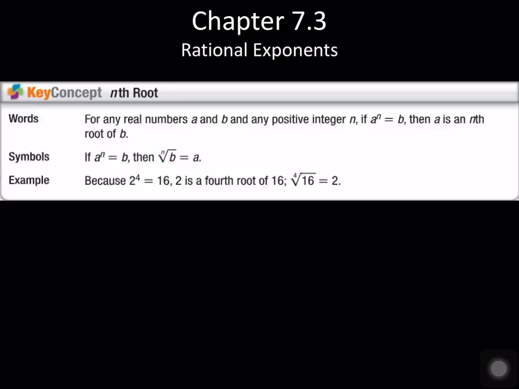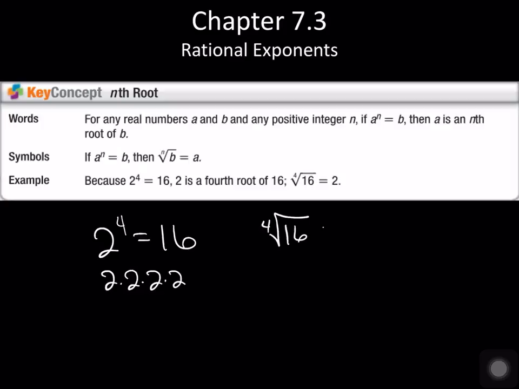So here's how that works number-wise. So 2 to the 4th is 16, right? 2 times 2 times 2 times 2 equals 16. That means that the 4th root of 16 is 2. Okay, so a power and its root kind of undo each other.